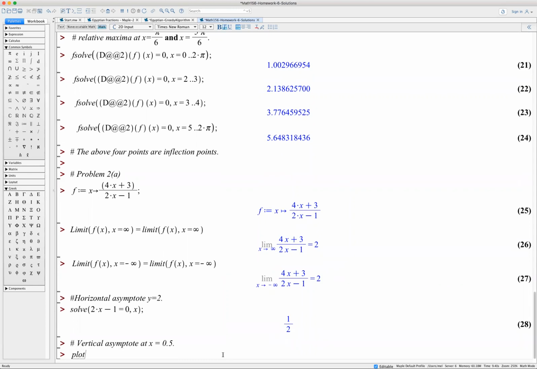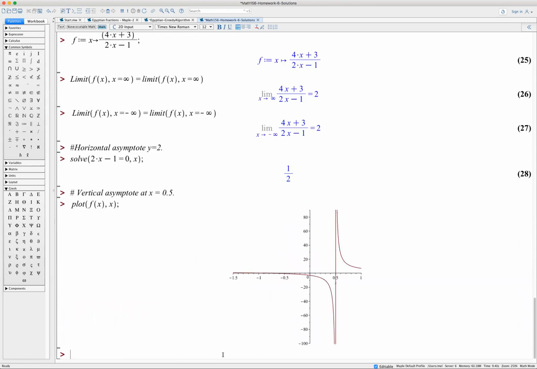And you can see all this clearly if you plot f of x. Here's your vertical asymptote. Now, you can't really see what's going on horizontally. So suppose I go out further. So maybe I'll go from x equals minus 3 to 3, and y equals minus 20 to 20.